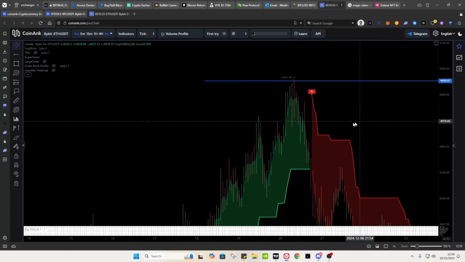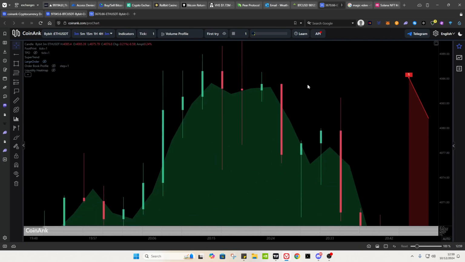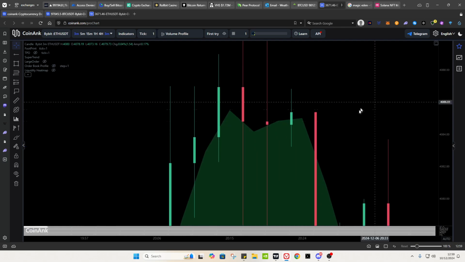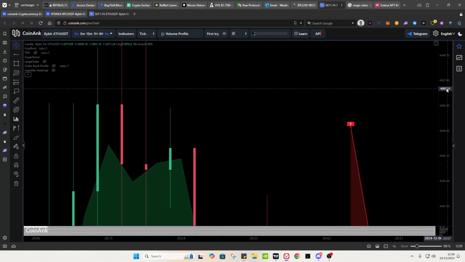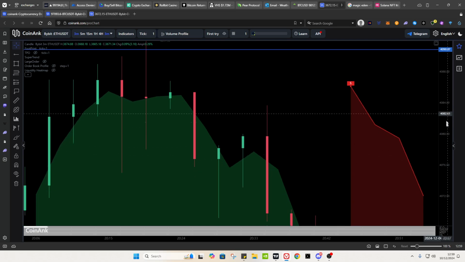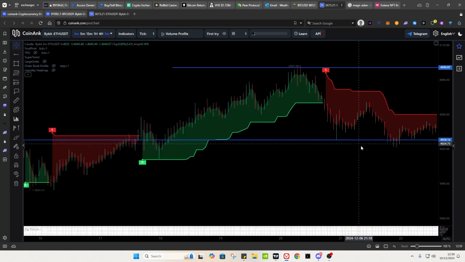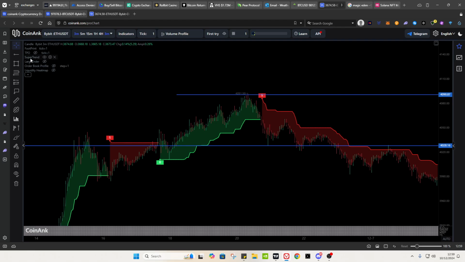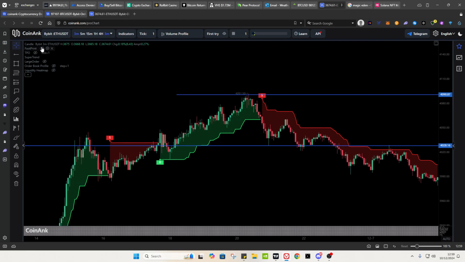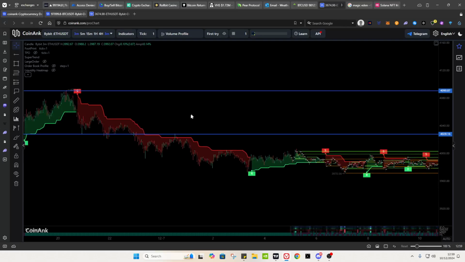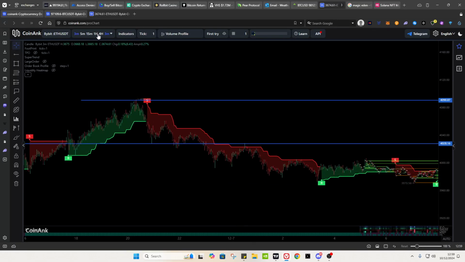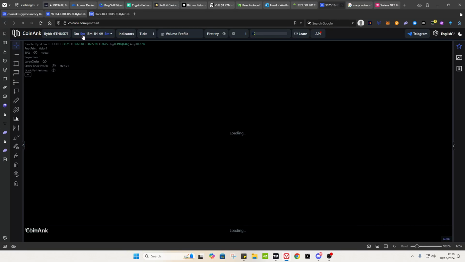But what do we see happening once we actually go to this level, right? If we take a look at the footprint, why is it not showing up? Is it too much data? Okay, we're going to have to go on something like the 5 minutes.